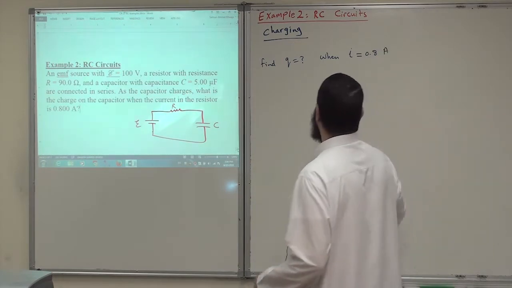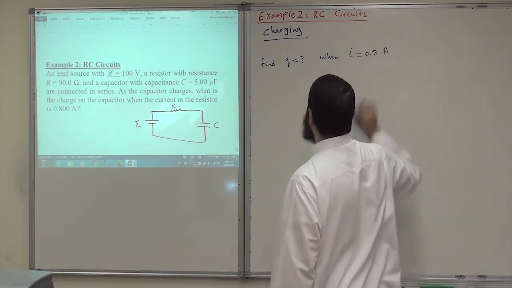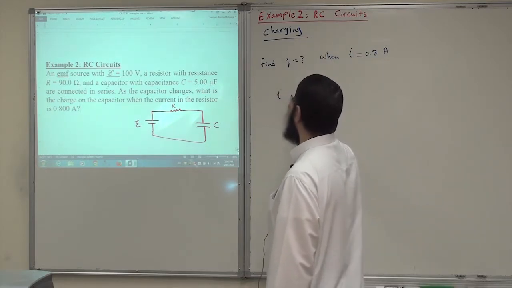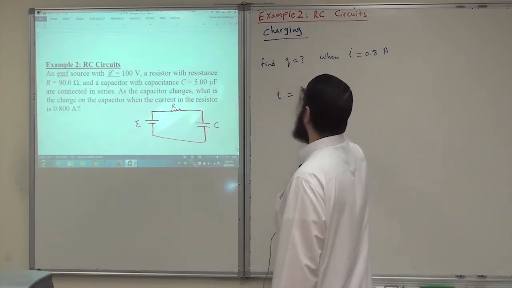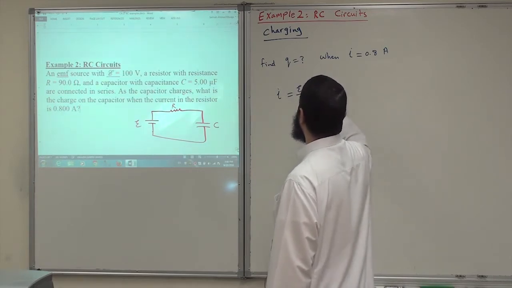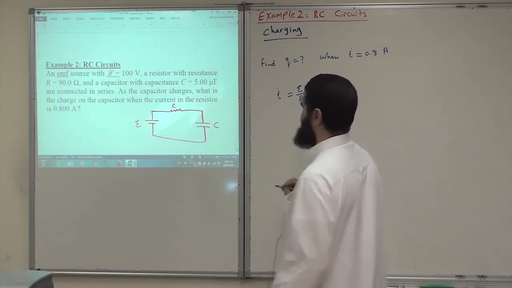So let us start with the formula for the current for a charging capacitor. I equals E over R multiplied by e to the minus t over RC.